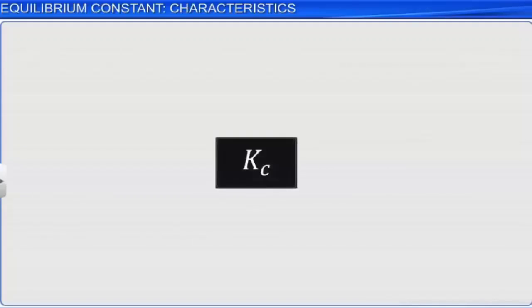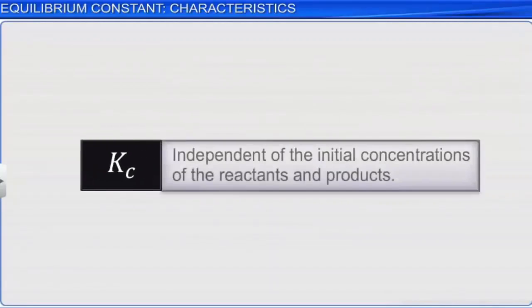Some characteristics of the equilibrium constant are: the value of the equilibrium constant is independent of the initial concentrations of the reactants and products.